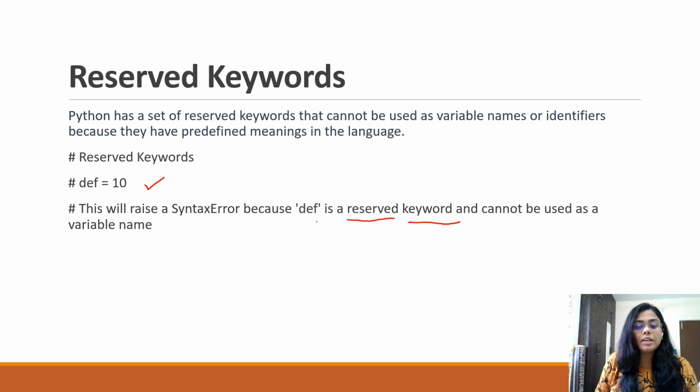Hence, def cannot be used as a variable name. There are many reserved keywords. We will go through them one by one in a separate video. For now, let us understand that Python has certain reserved keywords that are used for specific purposes, and they cannot be used as variable names or identifiers.